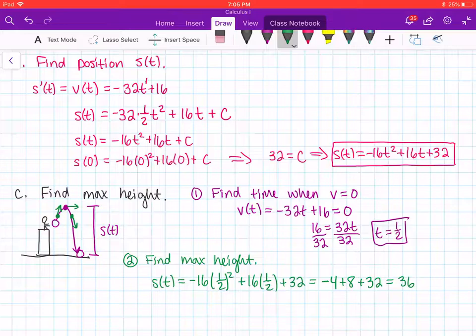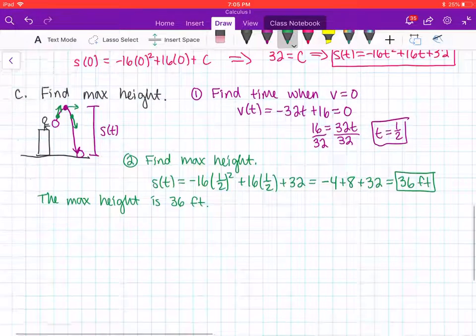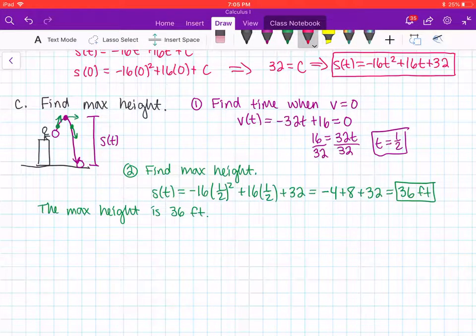So 36 feet is the max height. All right. Now, believe it or not, we've got a part D.